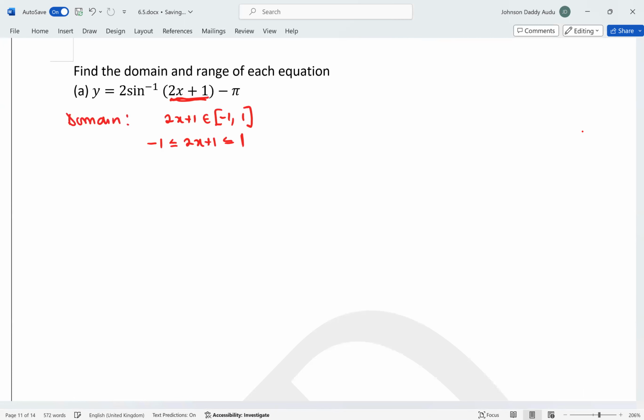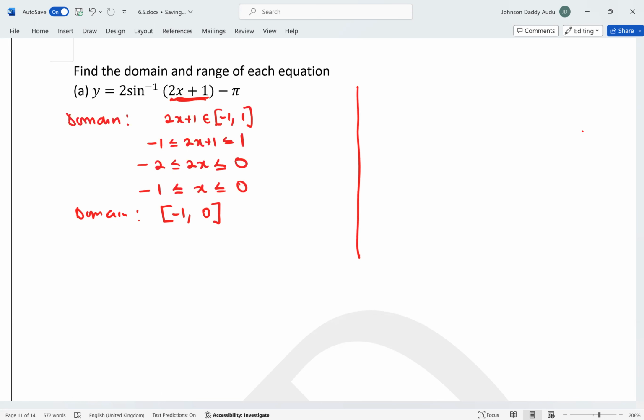Now you subtract 1 from both sides, so you have minus 2 is less than or equal to 2x, which is less than or equal to 0. Now you divide both sides by 2, so you have minus 1 less than or equal to x less than or equal to 0.